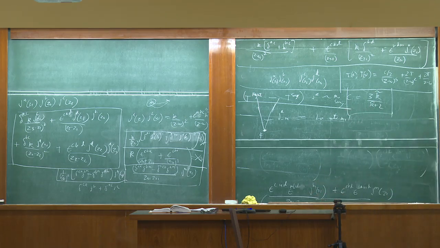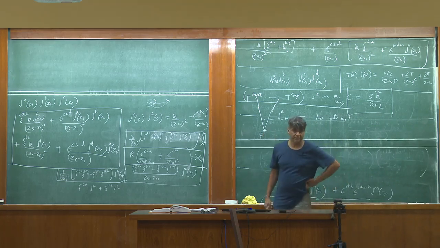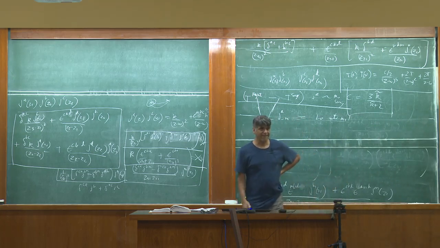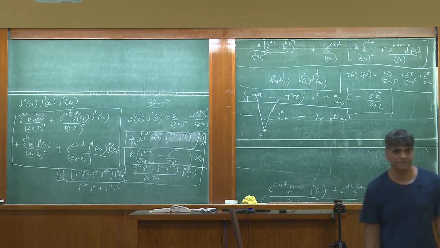Now one thing I want to say about this is as follows. This module was a current algebra module. If you are a current algebra primary, we've just checked that you are a Virasoro primary.